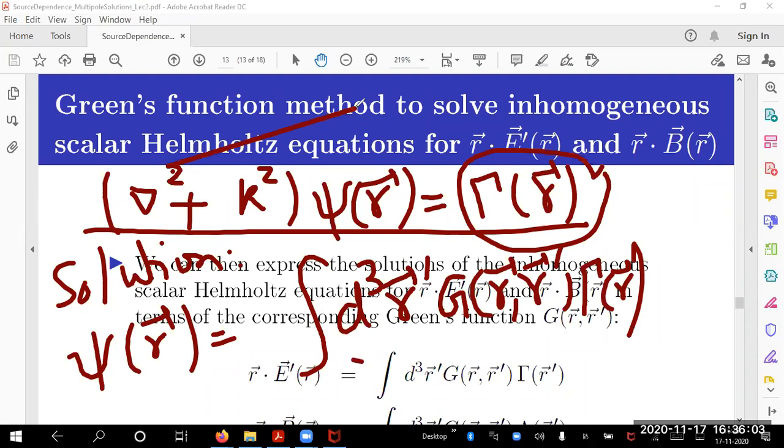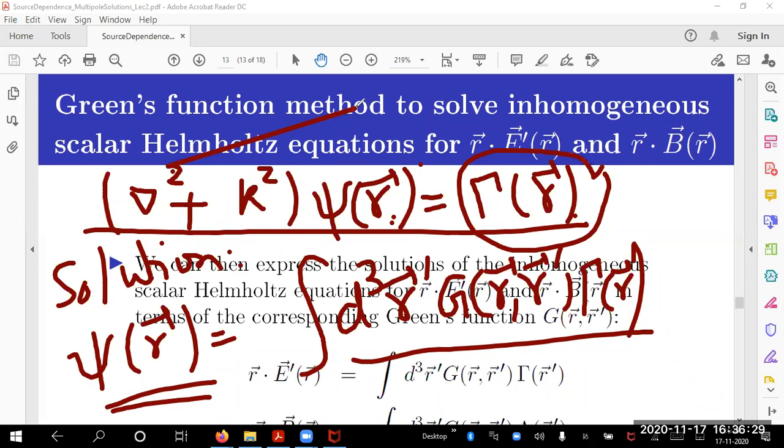There is an integration over r prime. What remains is a function of r, and that is our solution. If you have a Green's function and a gamma of r given, integrate over it and you will get a solution of this equation. Any differential operator acting on this gives you gamma of r.